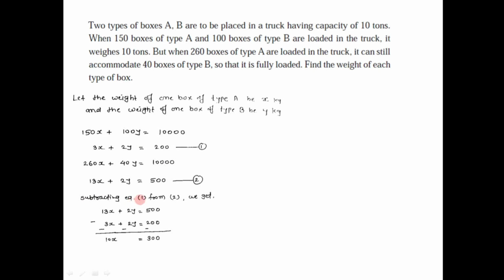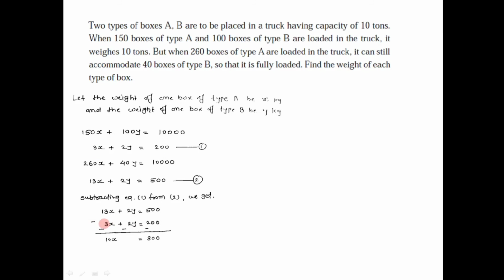So subtracting equation 1 from equation 2, we write equation 2 first: 13x plus 2y is equal to 500, minus the first equation, 3x plus 2y is equal to 200.